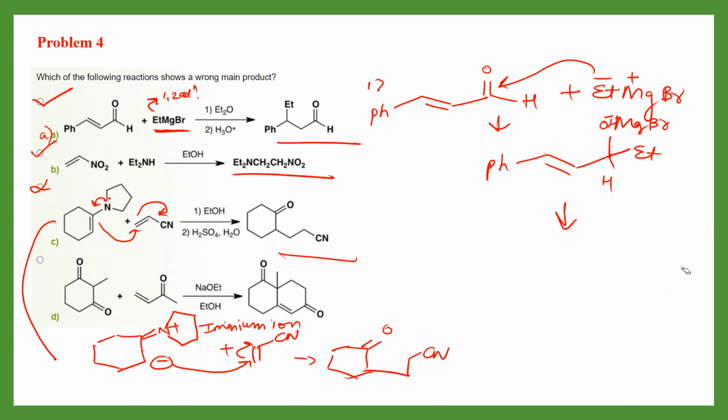So let's draw D. So basically, this is a famous example of Robinson annulation. In the last problem session, I have also done this question. So let me give you a hint for this.